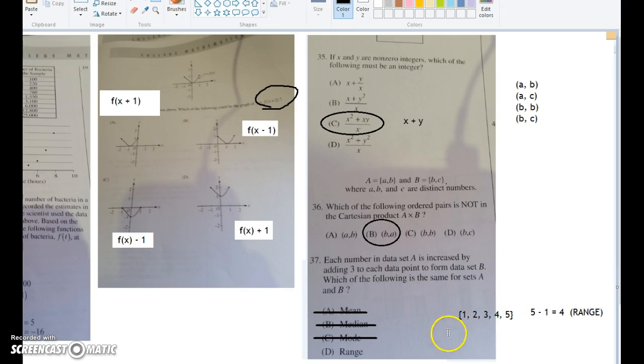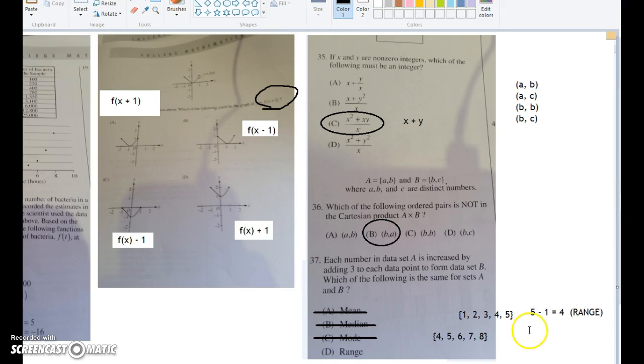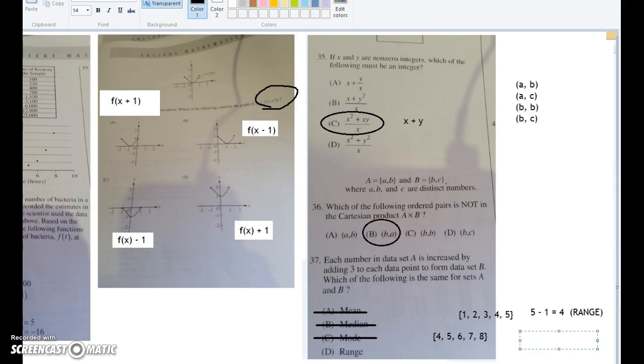But as you can imagine, if we took all of these numbers and increased them by 3, so I guess that would be 4, 5, 6, 7, and 8, you're finding the range with the same calculation. You're just doing biggest minus smallest. So it would be 8 minus 4, and even though you increased every number by 3, the difference between the biggest and the smallest did not change, so the range stays the same.